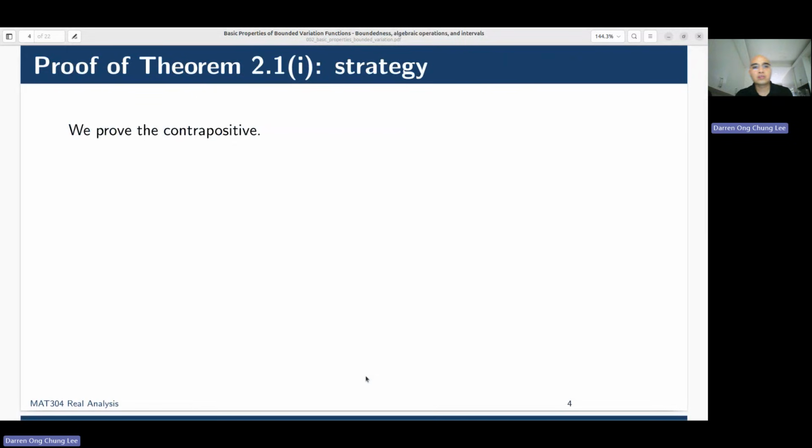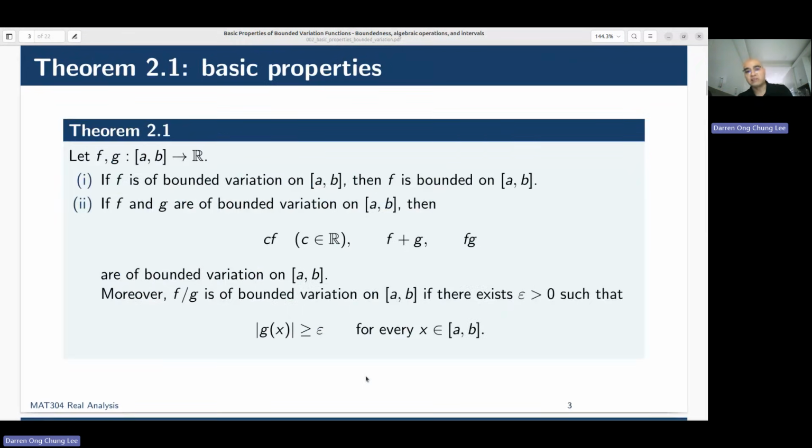So let's first talk about our strategy for proving 2.11. We're going to prove the contrapositive of the statement. So let's first remind ourselves what the contrapositive is. Our statement is an if-then statement. So we're proving number one, the first part: if f is bounded variation, then f is bounded.